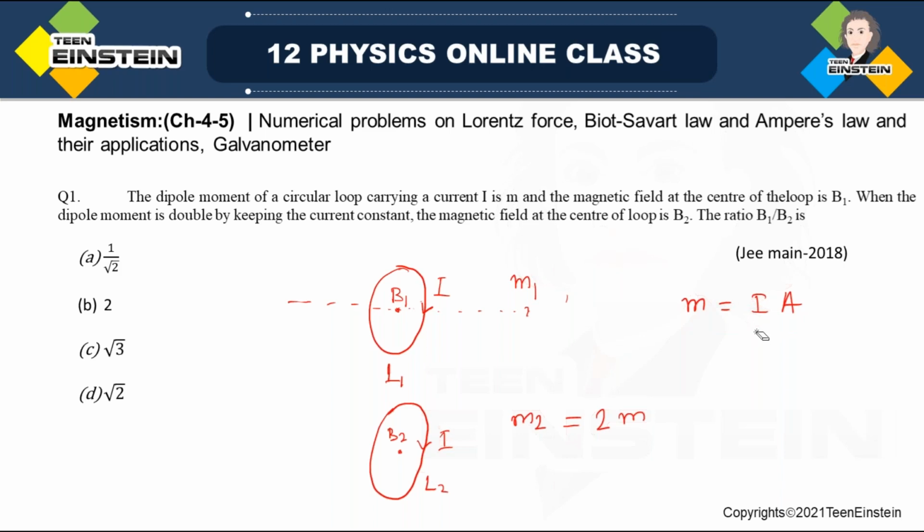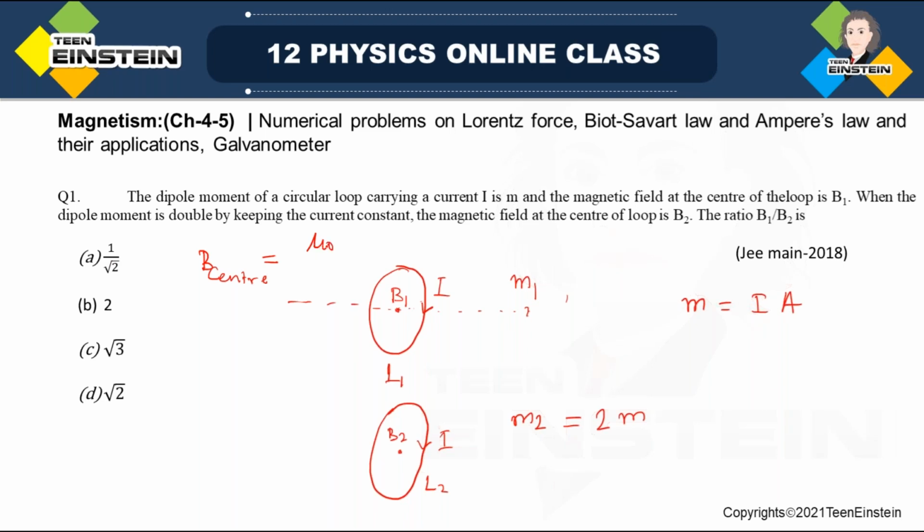Now I have a circular loop, so life is so simple. First of all, see the B at the center of a circular loop. We have already learned what that is. It is better to remember the formula: mu0 I by 2r, where r is the radius.